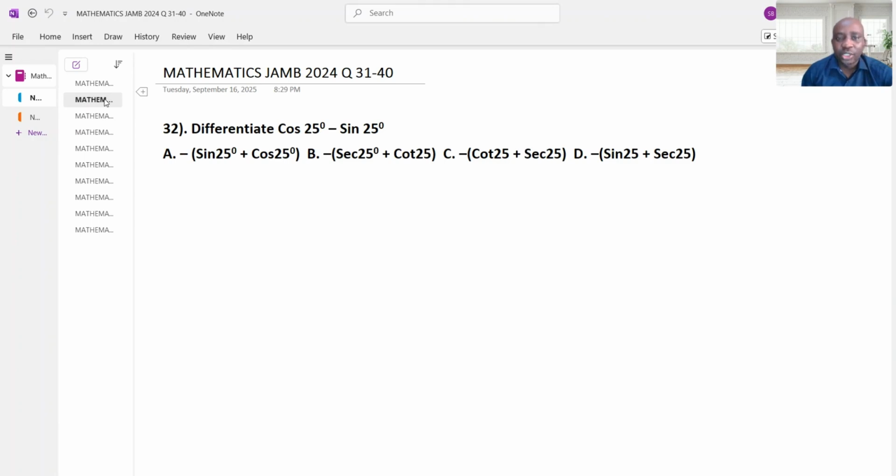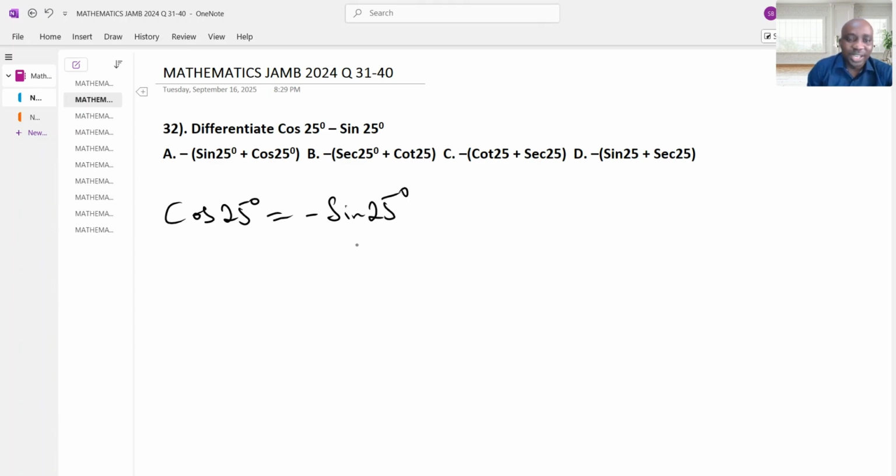Differentiate cos 25 degree minus sine 25 degree. Now, what you are going to do, differentiate, the derivative, like the dy/dx. If you want to do this separately, we do it one after the other. For example, cos 25 degree, if you want to find the derivative of this one, it gives you minus sine 25 degree.